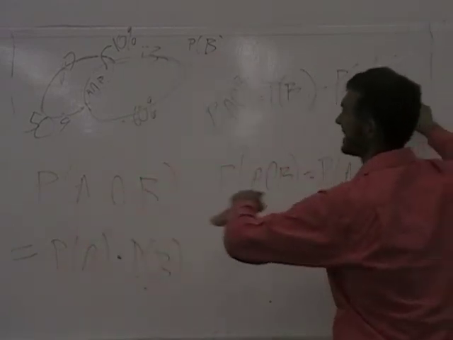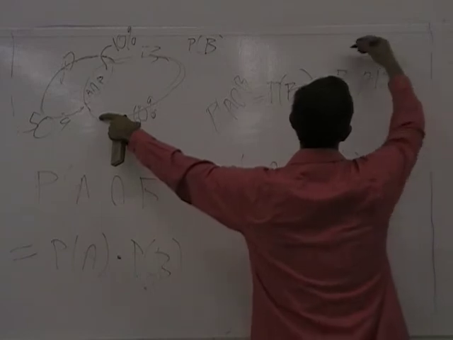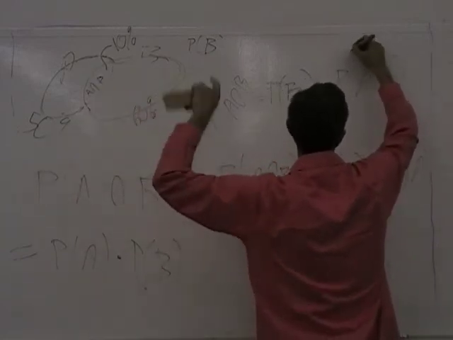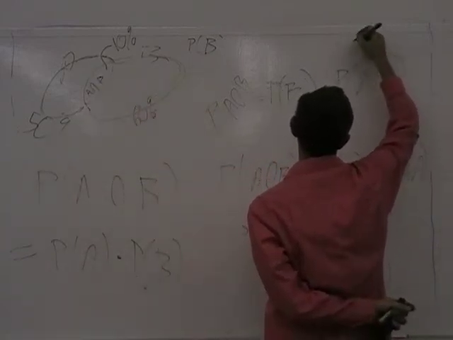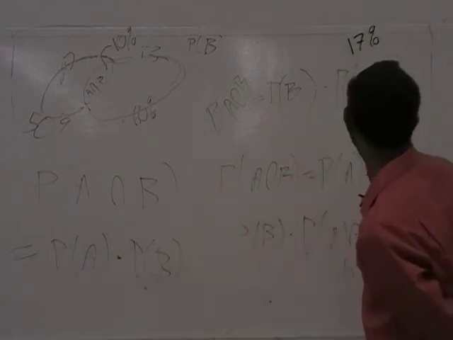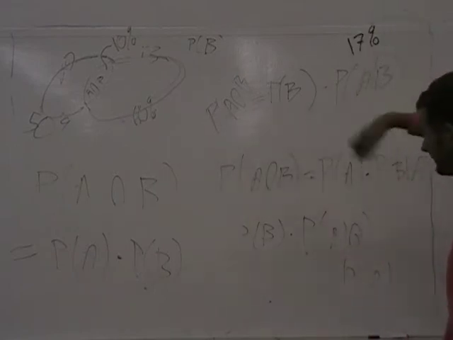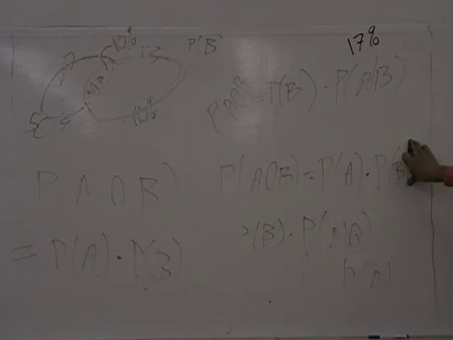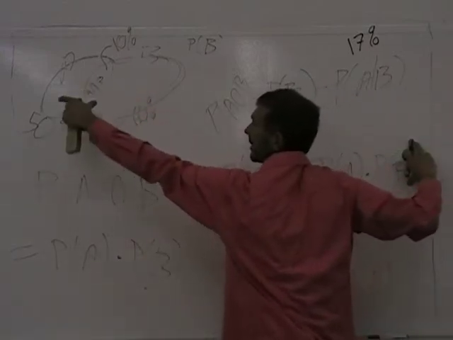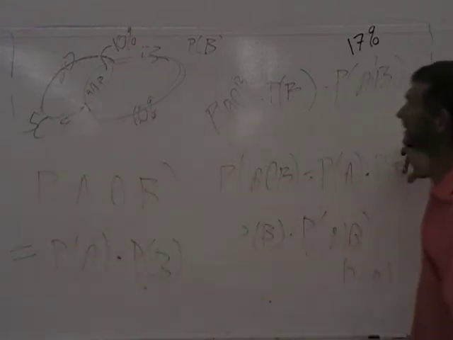The conditional probability of A in B space is 1/6, about 17%, and the probability of B in the context of A space is 1/5, 20%.